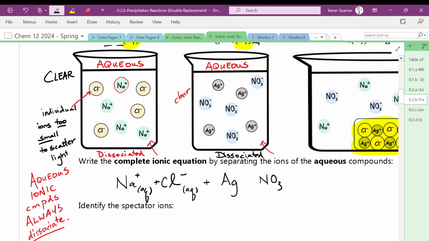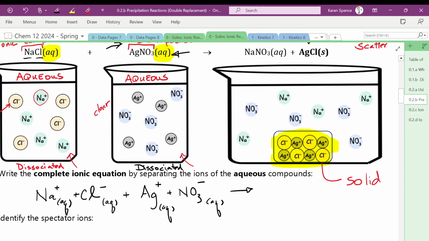What am I missing? Charges. I got a plus and a minus. What else am I missing? States, aqueous and aqueous. And am I missing anything else? How about that plus in between them? Yes. Okay. Now, draw my arrow in between. Remember, we are never going to use an equal sign in chemistry. We're always going to use an arrow. All right.